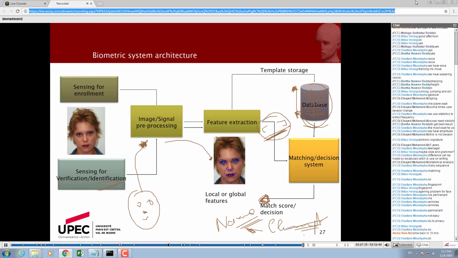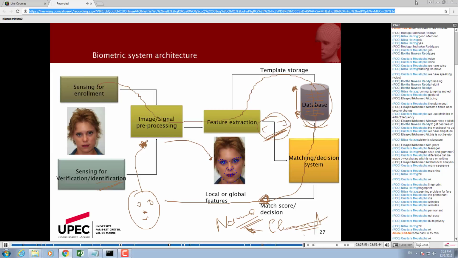So the scheme will never change. It's always the same. Between identification and verification, the schemes are close, because you have steps 1, 2, 3.